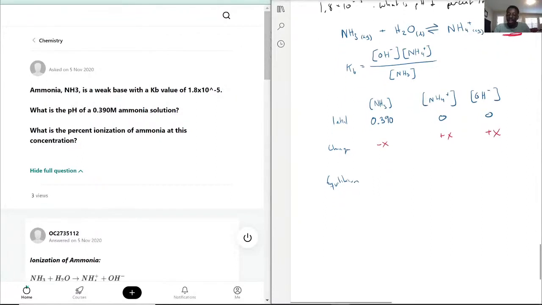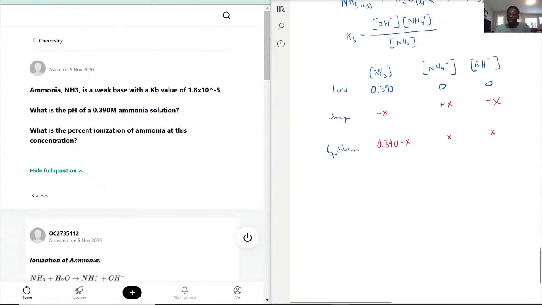And the equilibrium is now 0.390 minus x, and then just x and x. So now factoring that back into our Kb equation, we get that Kb is equal to x squared at the top over 0.390 minus x.